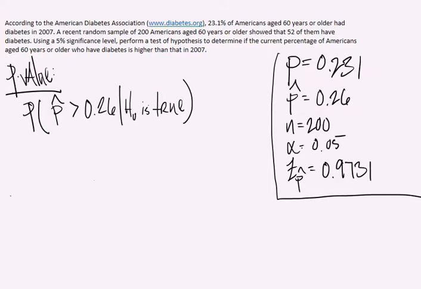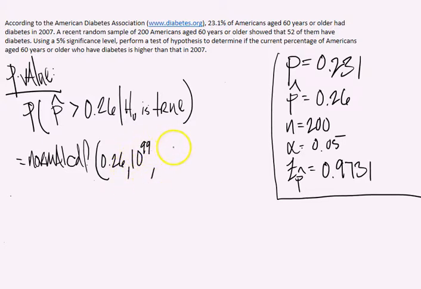So the probability of this is going to be normal CDF, from my sample value 0.26 to something very large with my mean, my true proportion, because that's what I'm assuming is true.